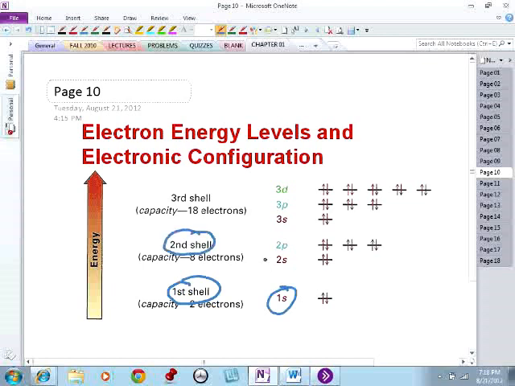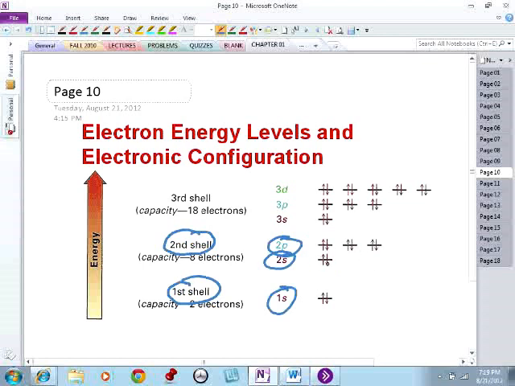In the second energy shell, we also have the 2s orbital, and then we now have the 2p orbitals. So you see, within the second energy shell, there's a difference in energy between the 2s orbitals and the p orbitals. So this is just a graphical representation of those orbitals.